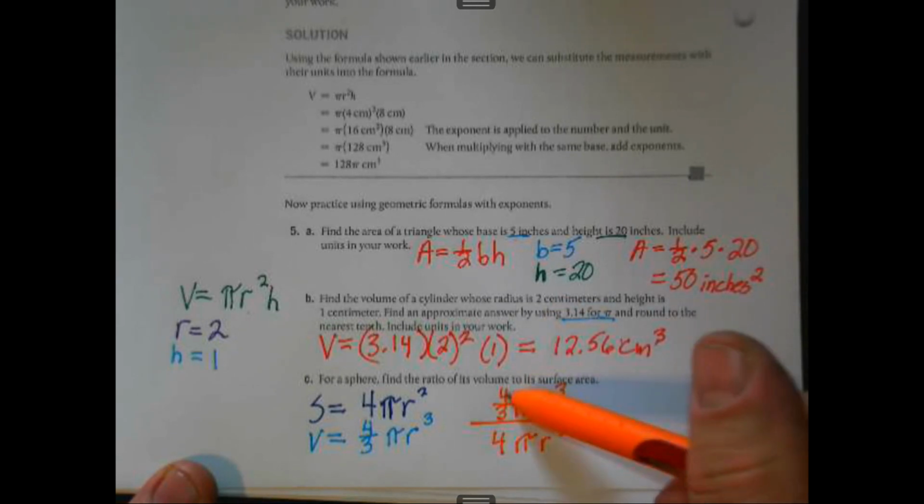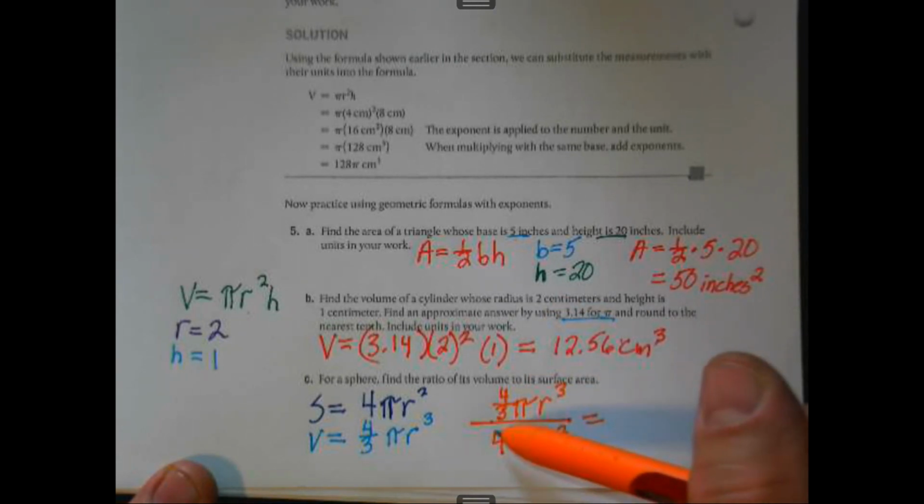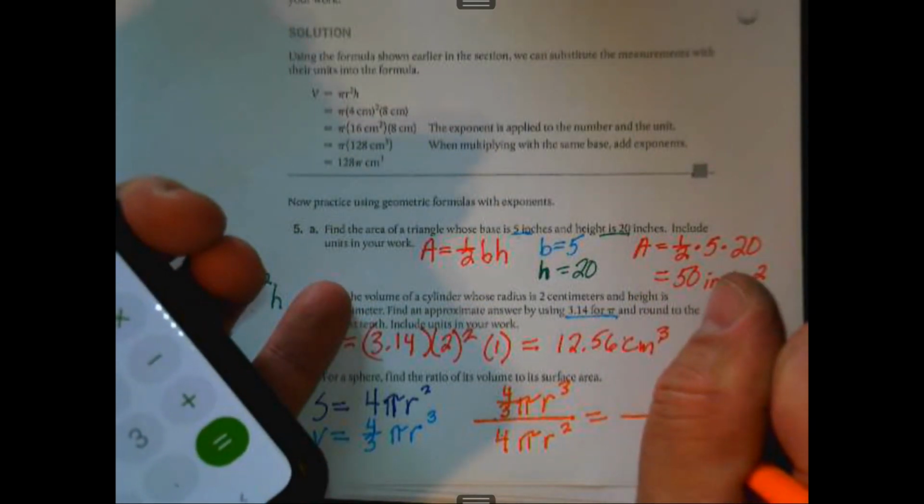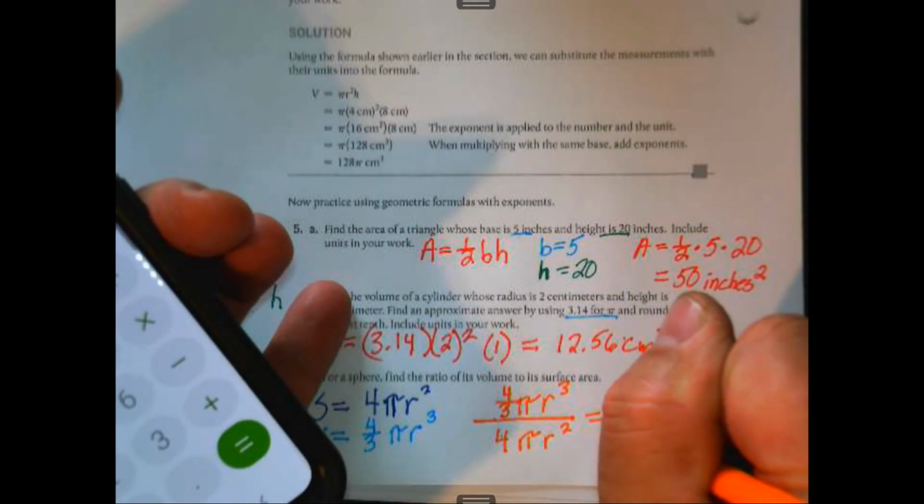Okay, 4/3 divided by 4. Let me do that in my calculator. 4/3 divided by 4 gives me 1/3. 1/3.